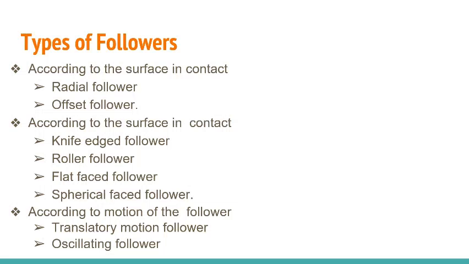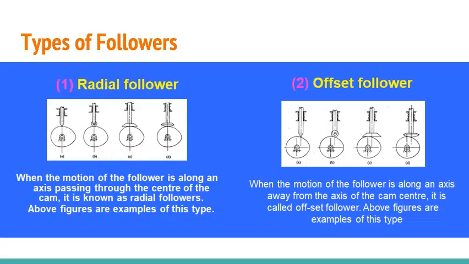These are the different types of followers that are in contact with the cam to translate the reciprocating motion obtained from the cam. The radial follower is one in which the motion of the follower is passing through the center of the cam.